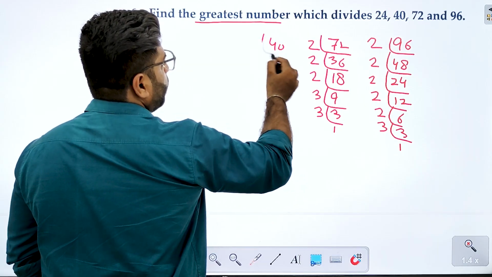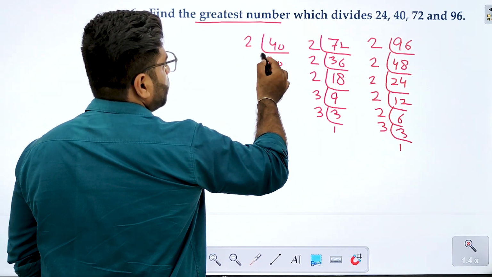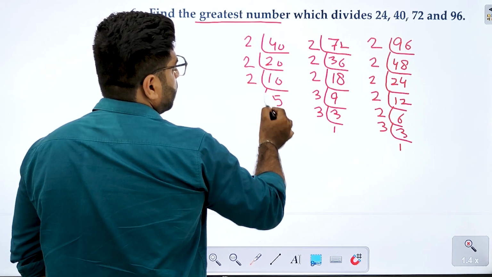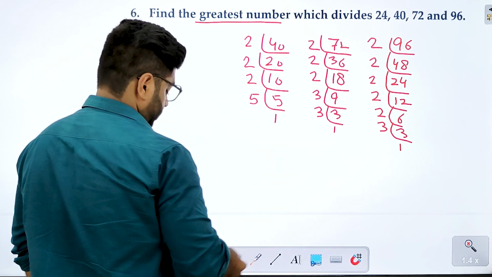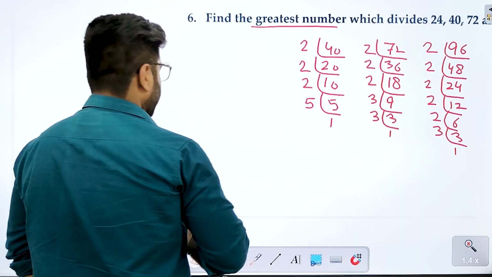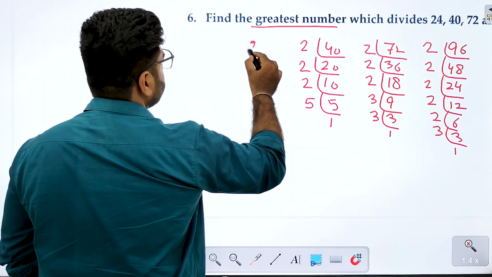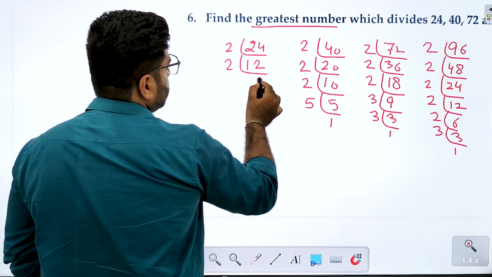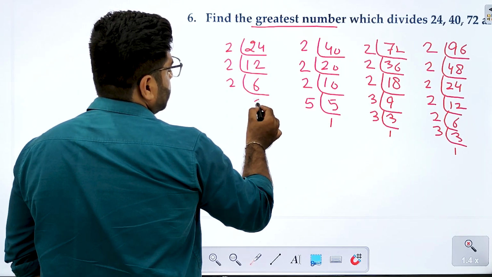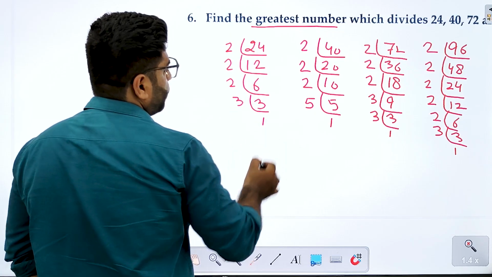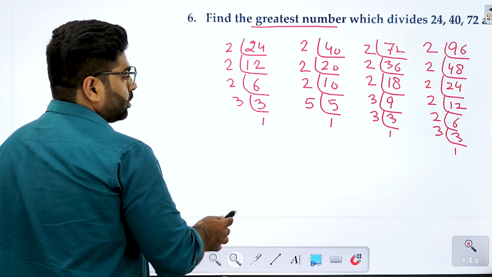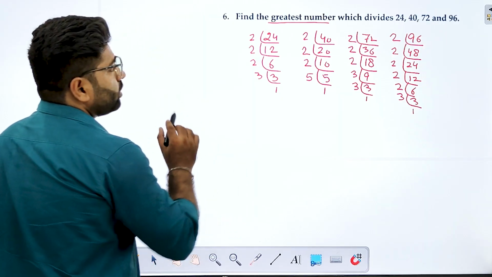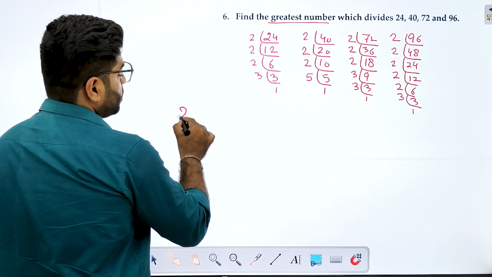Okay, then we are having 40, 2, 20, 2, 10, 2, 5, 5, 1. Okay, next we are having 24. This is 2, 12, 2, 6, 2, 3, 3, 1. Clear? Okay. Now we have to solve these factors just like this.